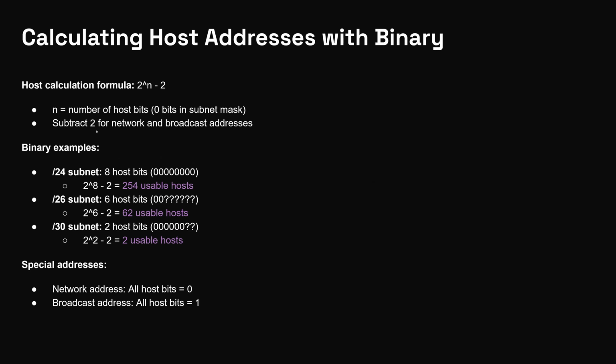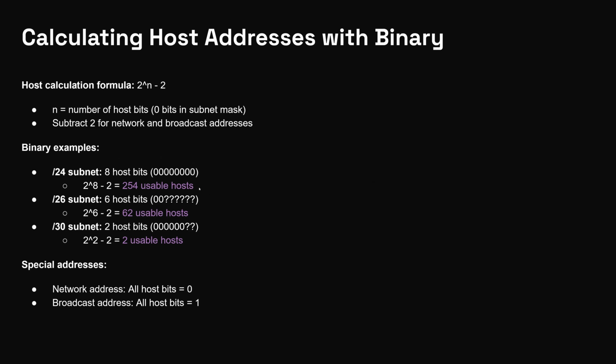So the binary example for this is a /24 subnet with 8 host bits, meaning 8 zeros in binary, 2 to the power of 8 minus 2. That n is my number of host bits. In a /24 network, I have 8 host bits, so 2 to the power of 8 minus 2 is 254 usable hosts.